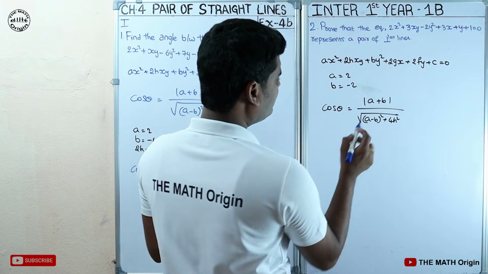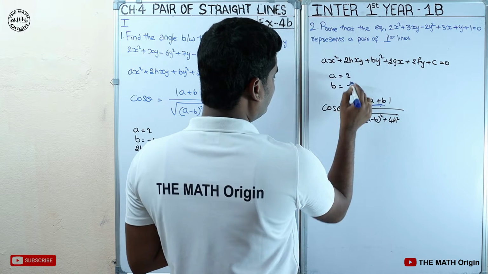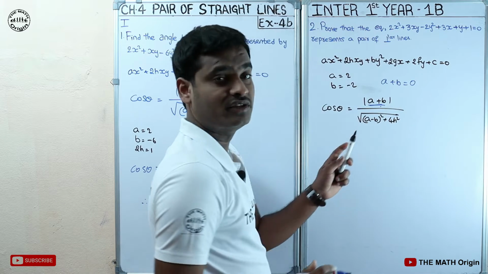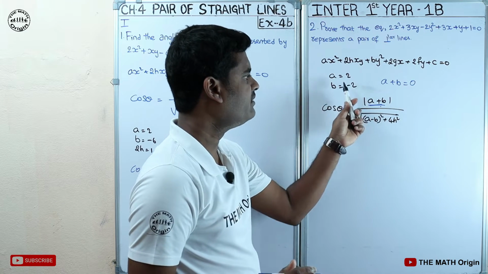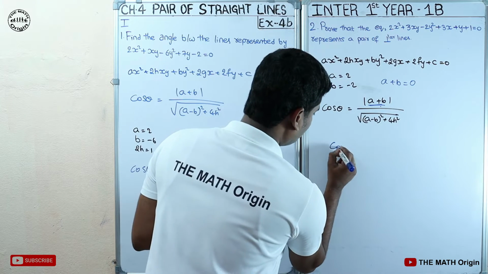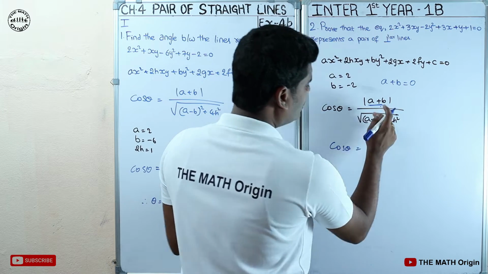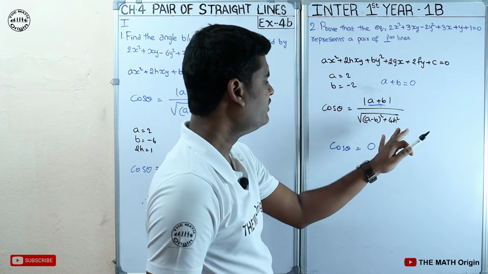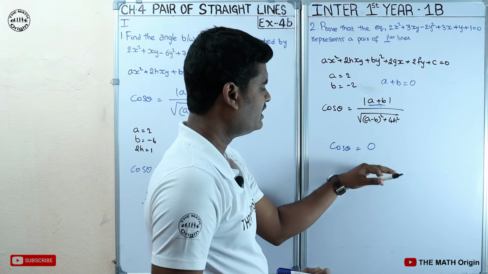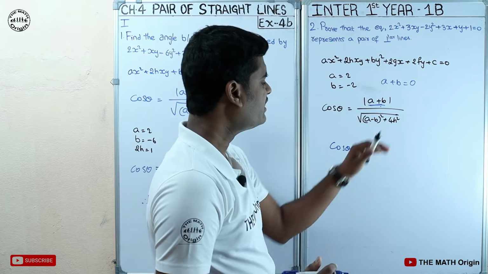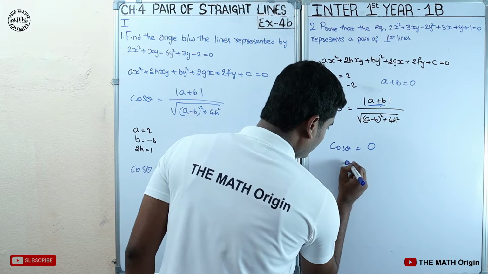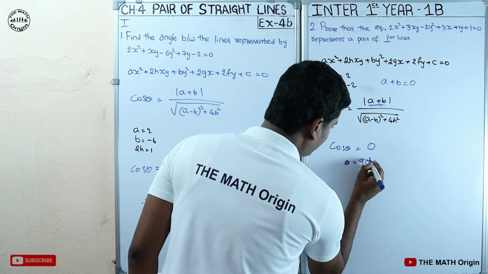Now a plus b equals 0. If I substitute the a and b values, the numerator will be 0. Therefore cos theta equals 0, because whatever the value of the denominator, with the numerator as 0 we get 0. Therefore cos theta is 0 and theta equals 90 degrees.